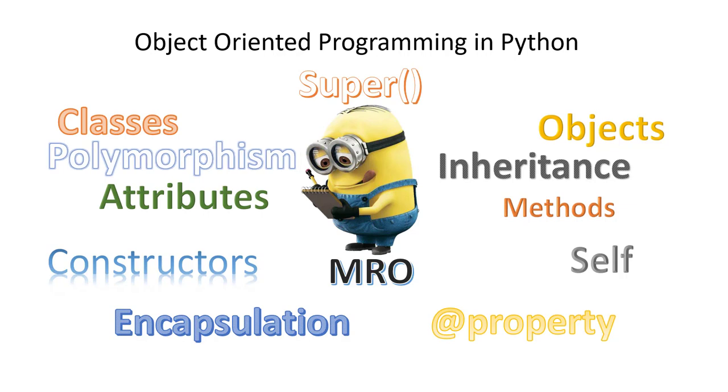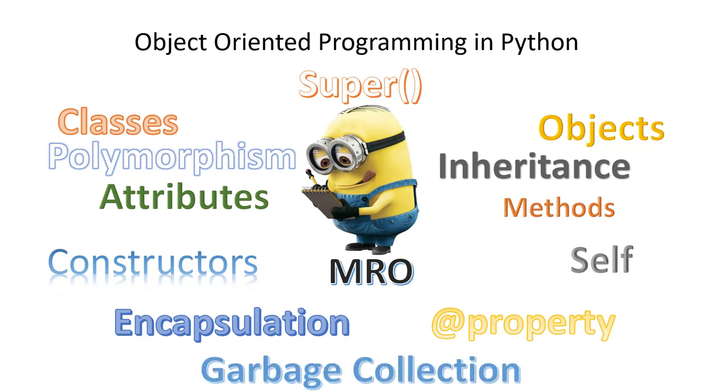And here comes polymorphism, which helps to override and overload the objects which are present in Python. And finally, garbage collection to clean up the unused objects. That's great. We understood a lot of concepts in object-oriented programming and also got to know the various behaviors of each of them in various circumstances.